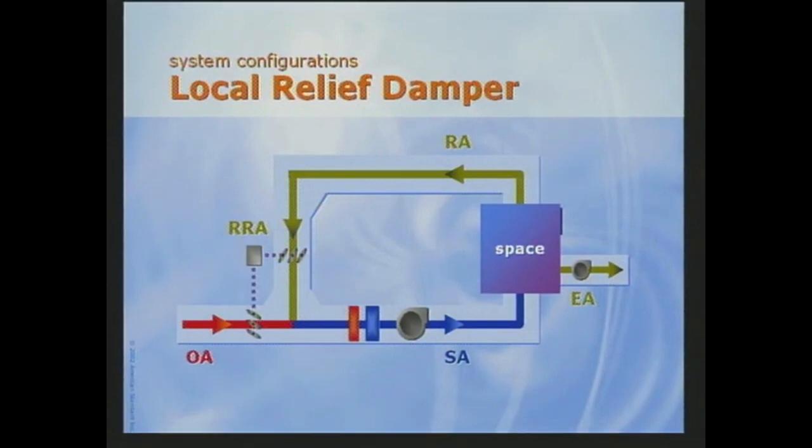The remainder either returns, exfiltrates, or finds its way to the local barometric relief damper connecting the space to outdoors. As the positive pressure in the space increases, the relief damper is forced open, allowing air to leave the building and preventing the building pressure from becoming too positive.